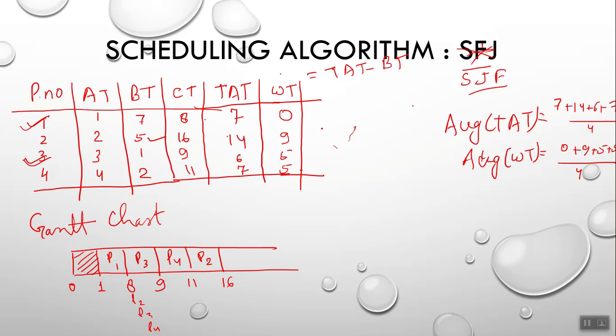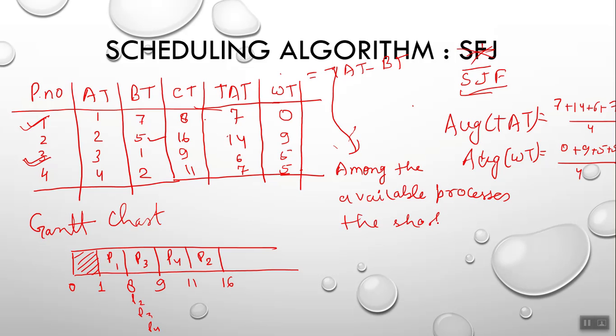You can state the algorithm this way: among the available processes, the shortest job first, right? Among the available processes.